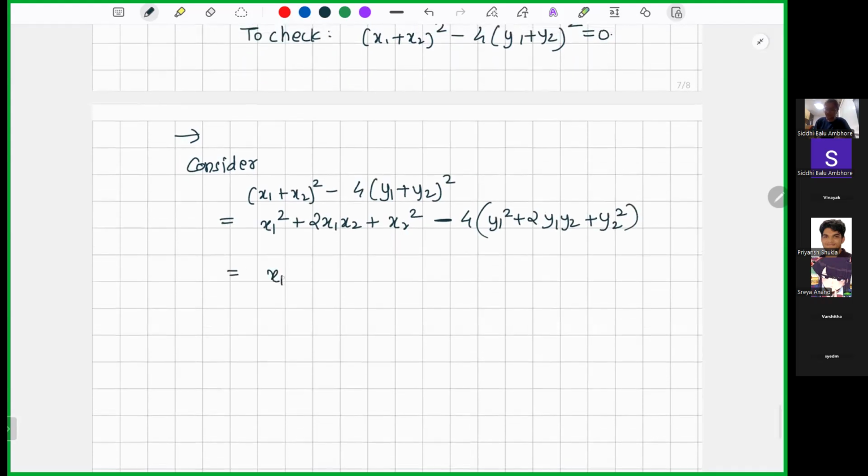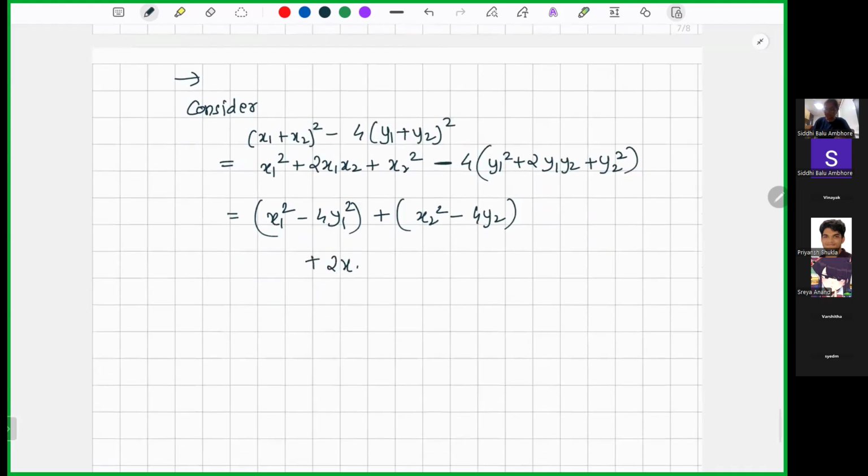Okay, and this will give me x1 square, and at the same time I'm clubbing what is there with us, x2 square minus 4y2 square. This we have, plus this term 2x1 x2 minus 8y1 y2.